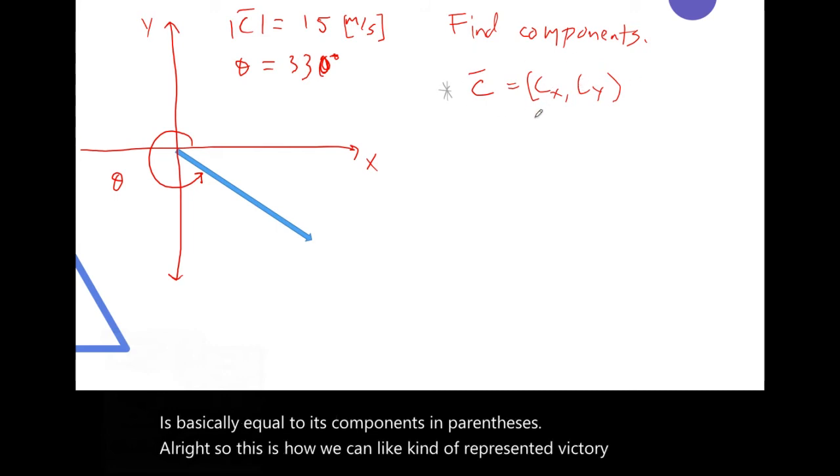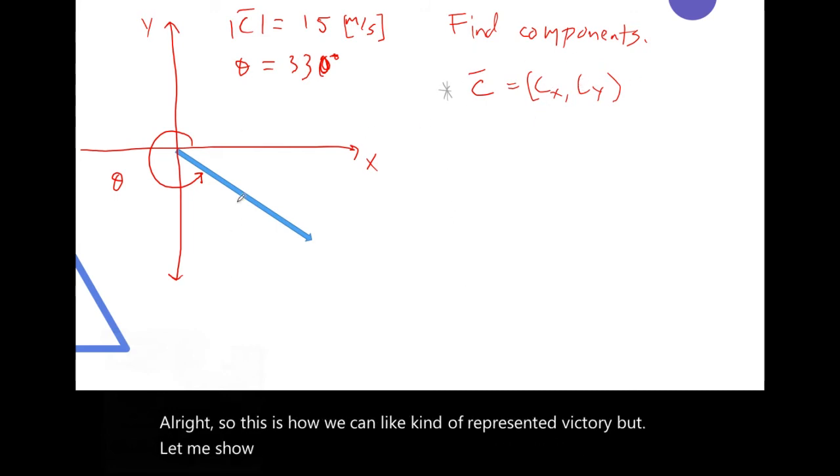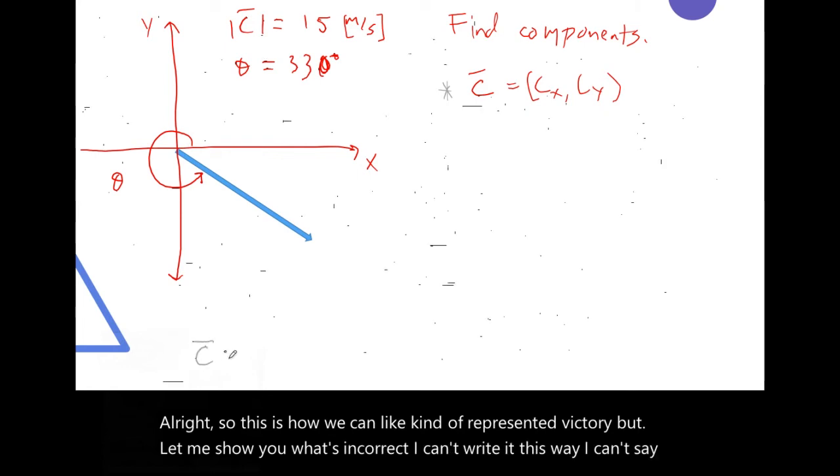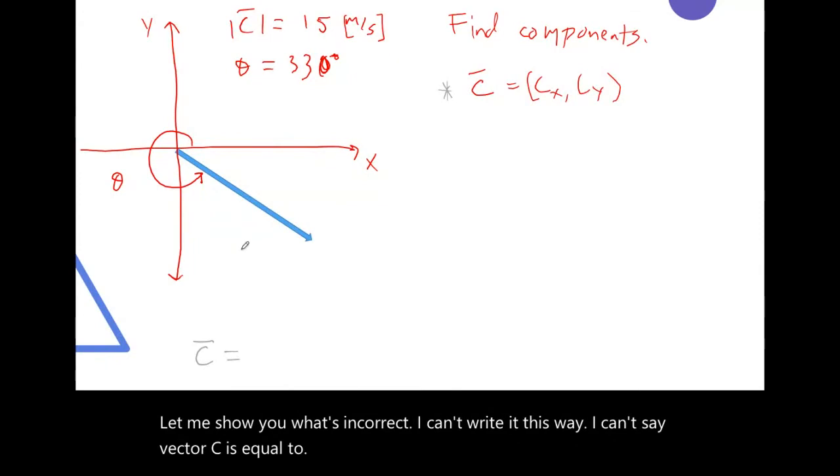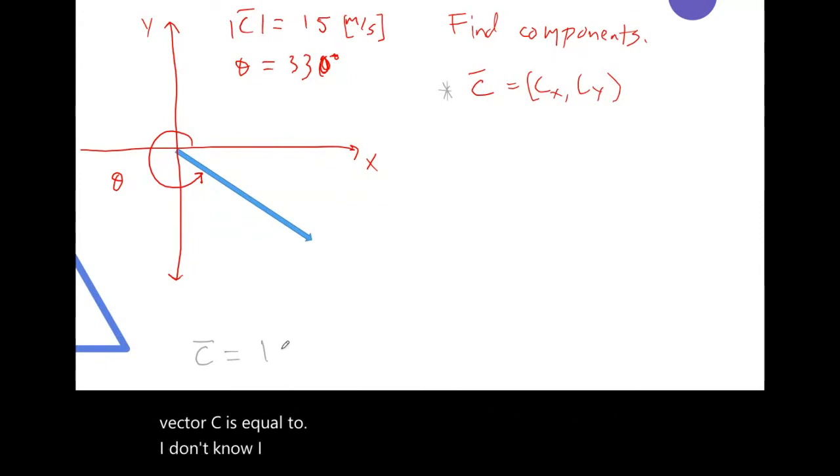This is how we can represent a vector. But let me show you what's incorrect. I can't write it this way. I can't say vector C is equal to, I don't know, I can't write it like this. That would be an incorrect way of writing it.